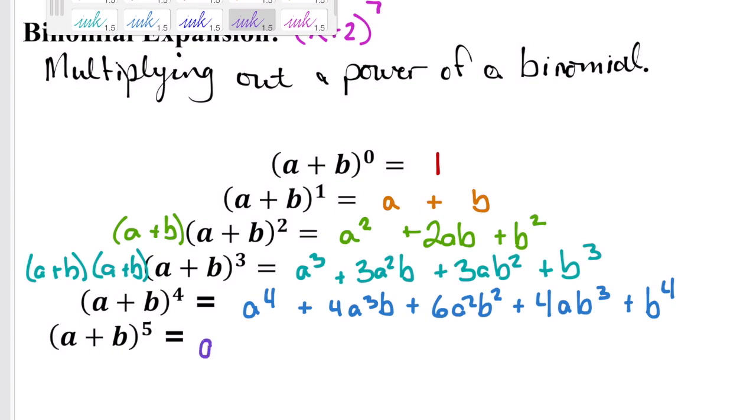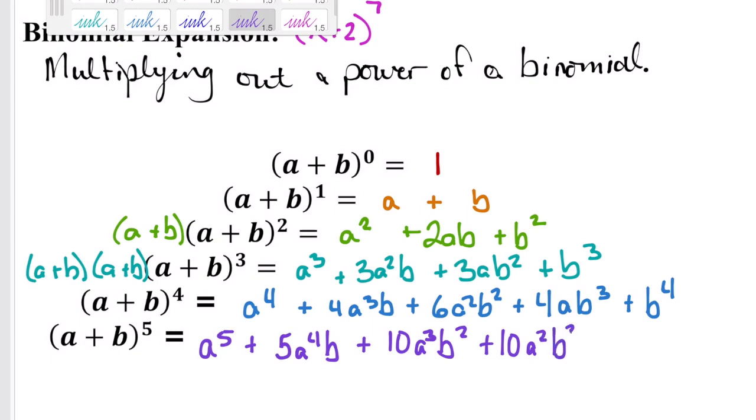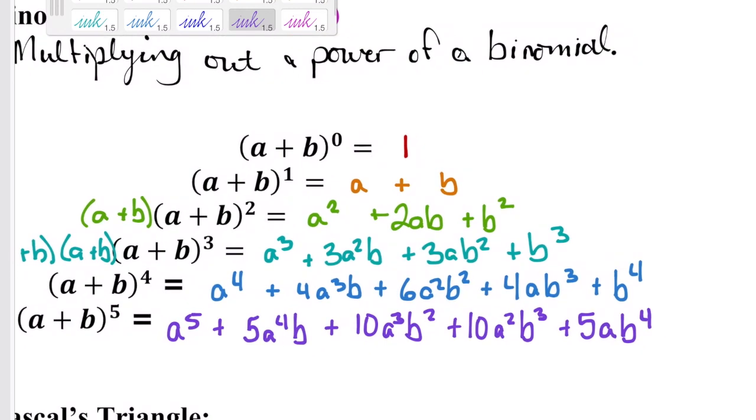We would end up with a to the fifth plus 5a to the fourth b plus 10a cubed b squared plus 10a squared b cubed plus 5ab to the fourth plus b to the fifth.